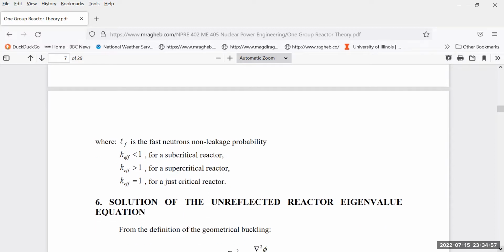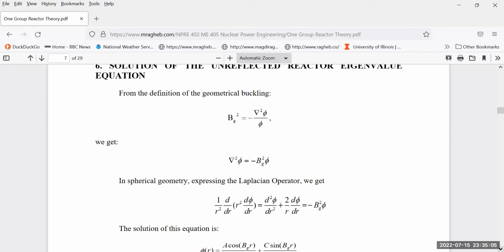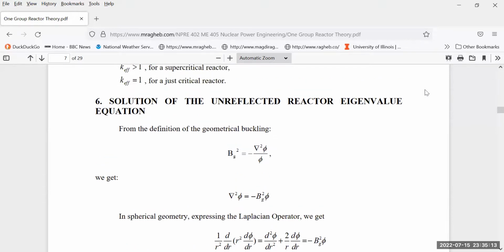All right, so these are two forms of the criticality equation now. And the question comes out, what is that phi here? What is that geometric buckling giving us information? What kind of information about the geometry of the reactor? Remember that we said that we have to match the geometry to the material composition, and that the geometric buckling should be equal to the material buckling.